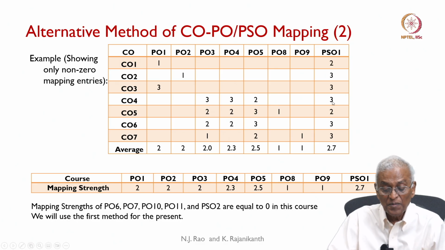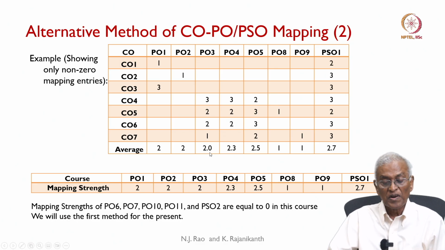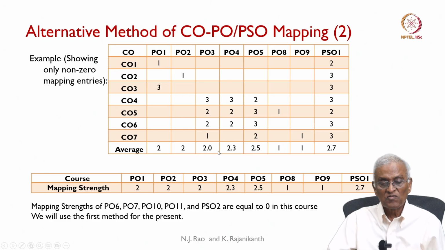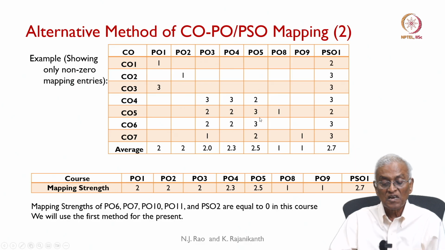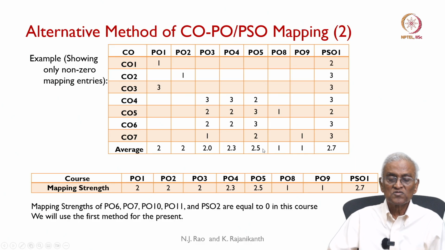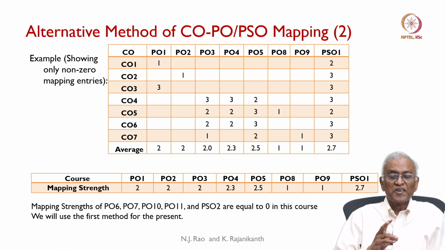So like that, when you compute, you can get a fractional value, whereas the earlier one was a rounded figure, and here if you follow this method, you get like 2.3, 2.5. Just because it is 2.5, it doesn't become more objective, because these values are highly subjective. And there is no way of anyone verifying that.